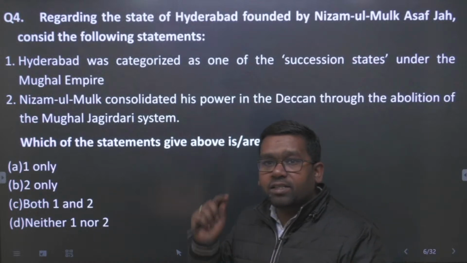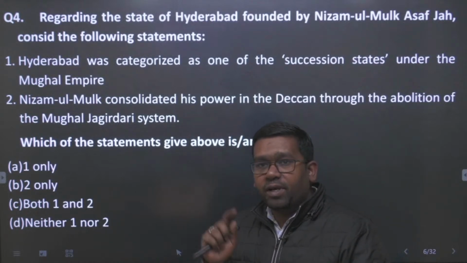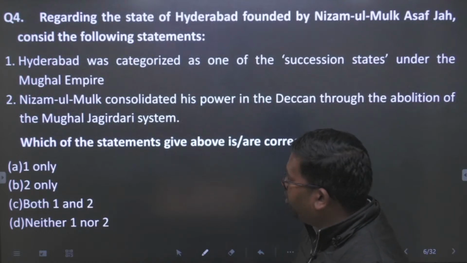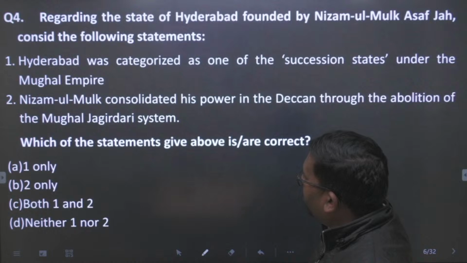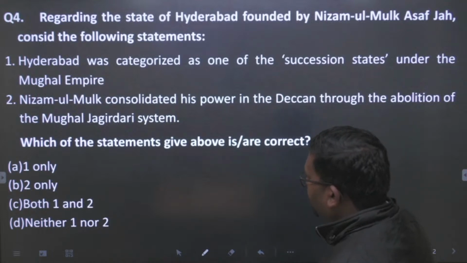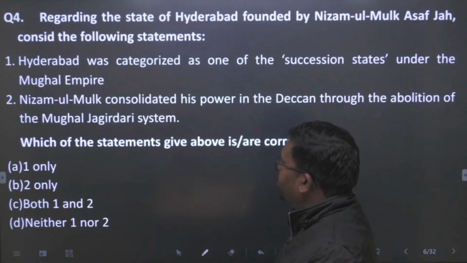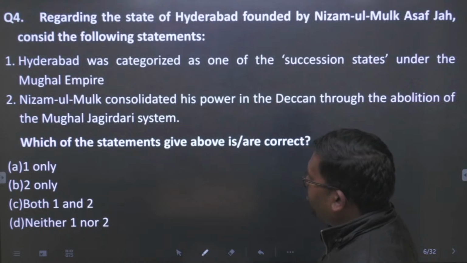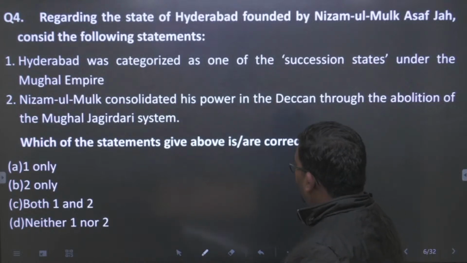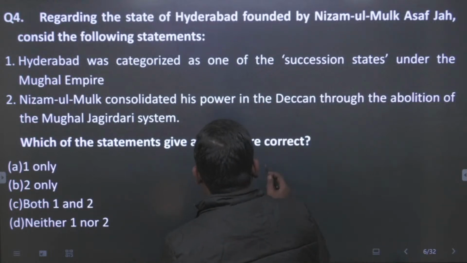I have already discussed this statement with you in the beginning. See whether it is true or not. Statement 2: Nizam al-Mulk consolidated his power in the Deccan through the abolition of the Mughal Jagirdari system. What will be the answer? They are asking how many statements are correct.